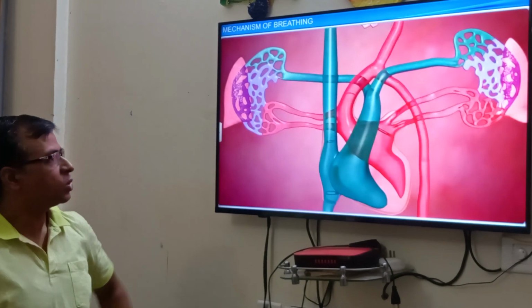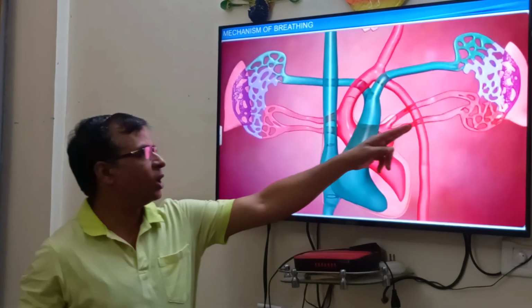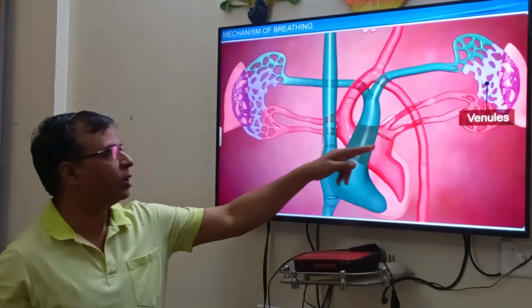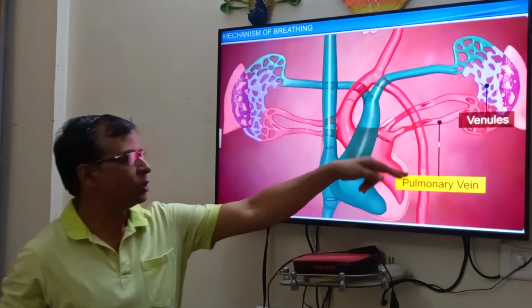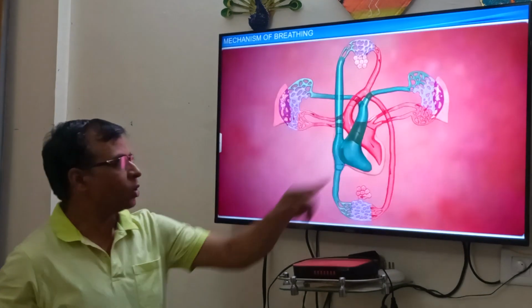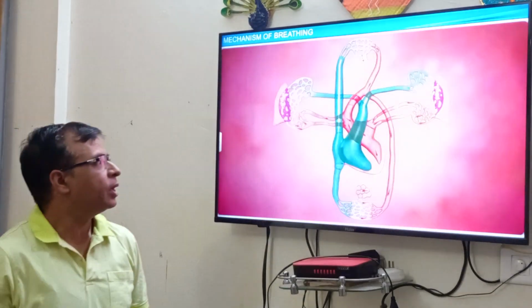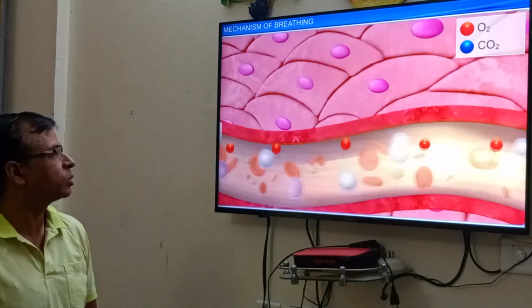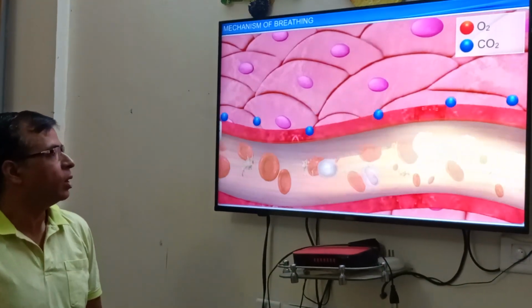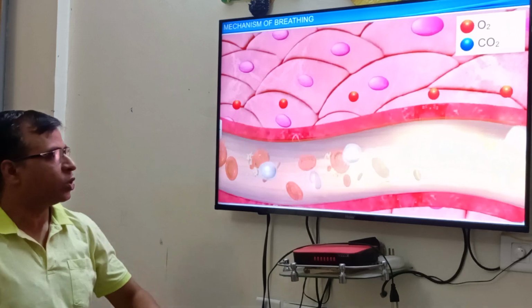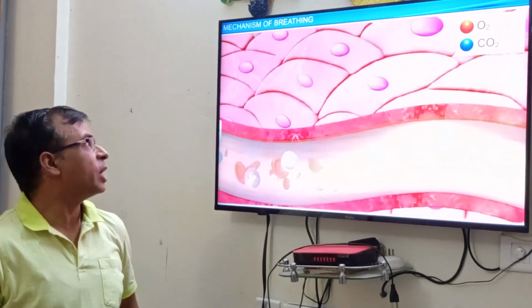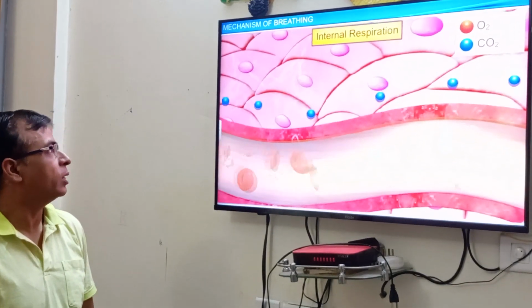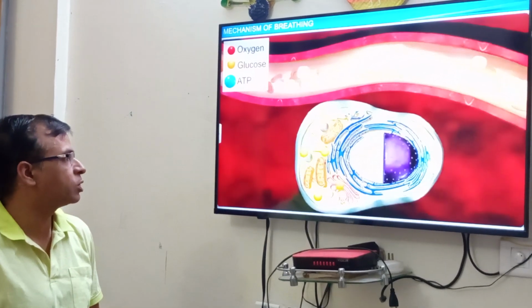Then it goes back through the lungs to the heart by the pulmonary veins. This is oxygenated blood, and this whole process takes place inside the body by the circulatory system and the respiratory system combined.